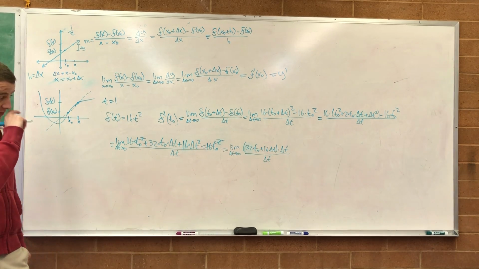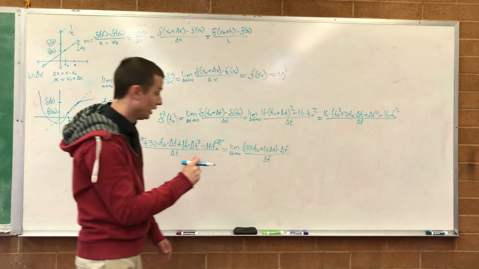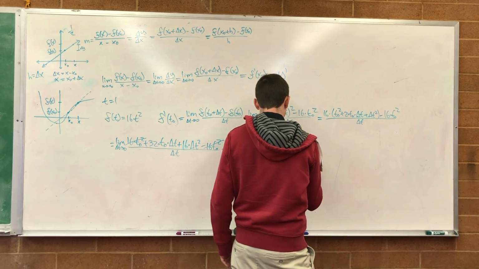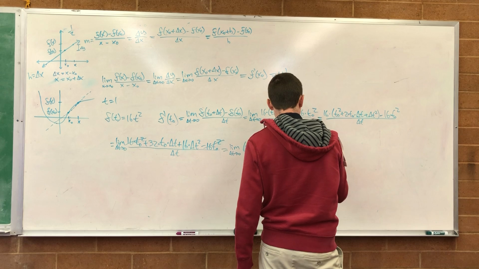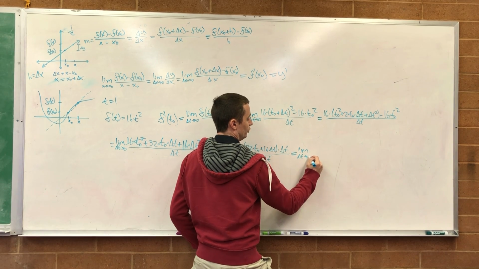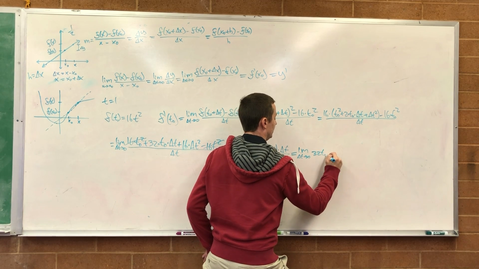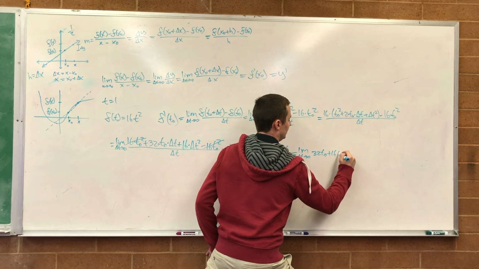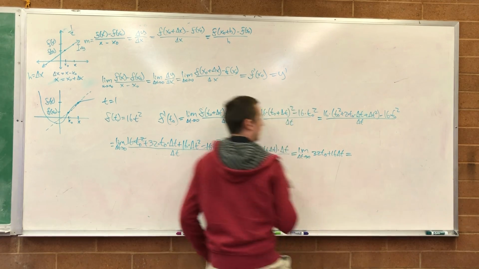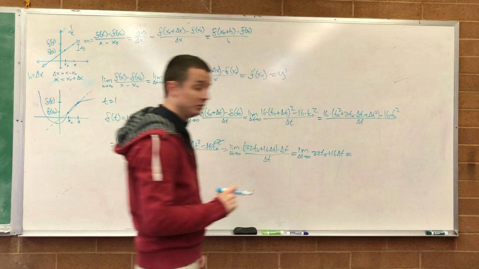Good? Just factor it out. Cancel delta t top and bottom. And so this is going to equal the limit as delta t approaches 0 of 32 t naught plus 16 delta t. Now we can take our limit, and what do we get? 32 t naught.